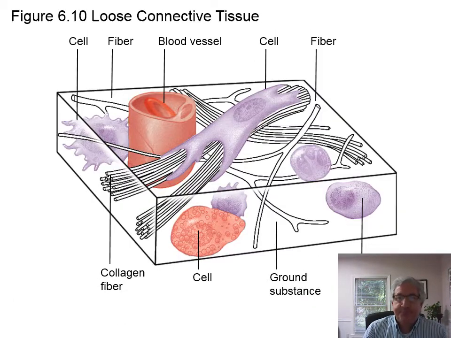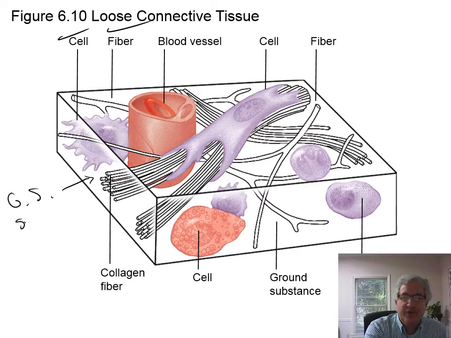Okay, next slide. So here's what loose connective tissue looks like. Here's a cell, here's a fiber, and then the white space in between, that's all ground substance. Here's a cell here.